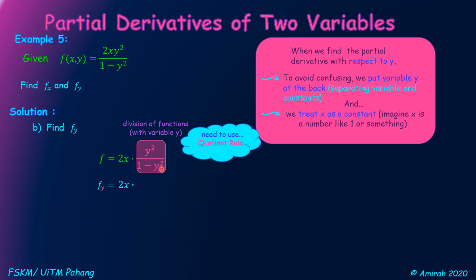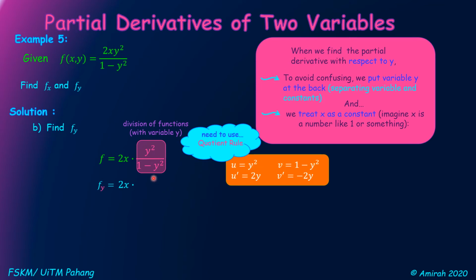So we need to use the quotient rule to differentiate. When we use the quotient rule, we need to identify u and v. U equals the function in the numerator, which is y squared, and v equals the function in the denominator, which is 1 minus y squared.